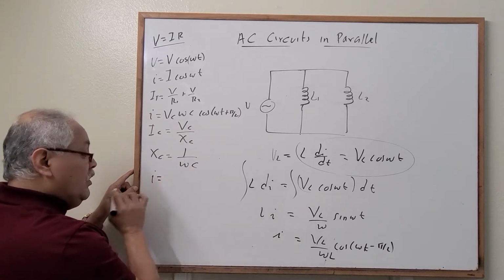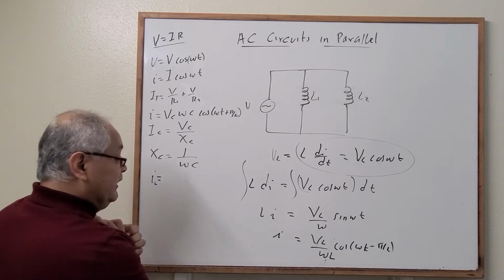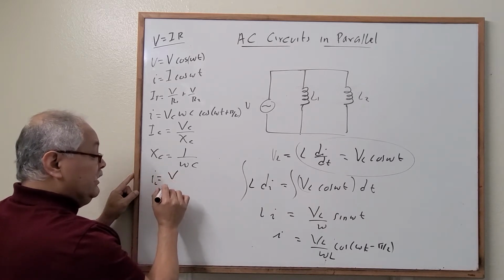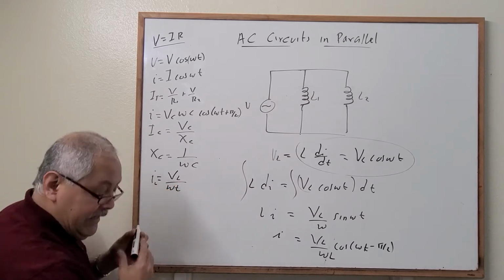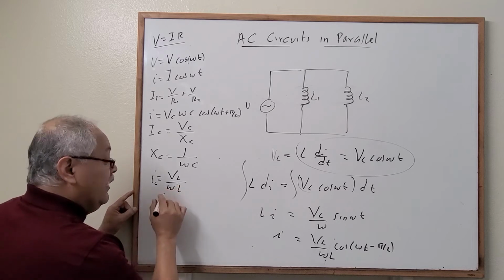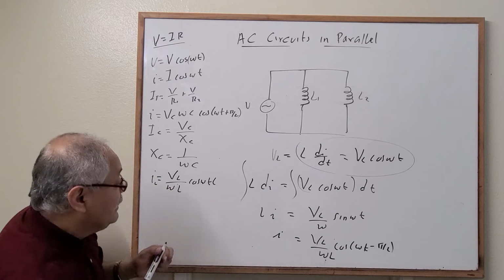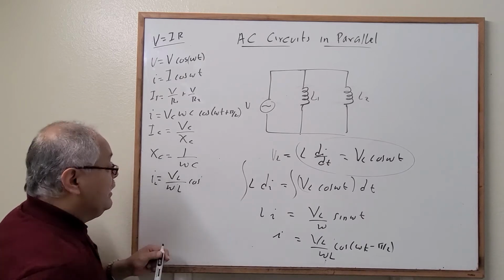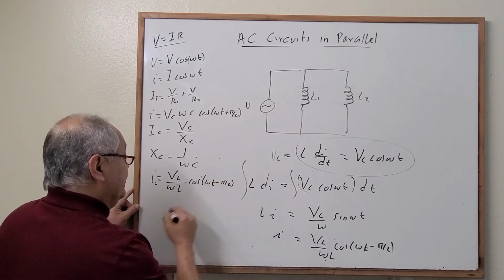And this is the case when the current through the inductor is equal to this quantity, VL over omega L, the inductance, times cosine of omega t minus pi divided by 2.